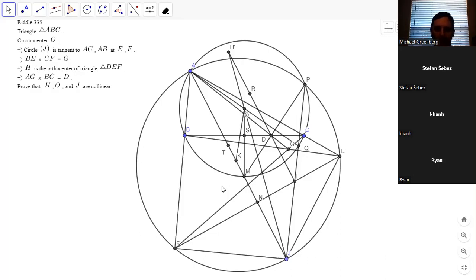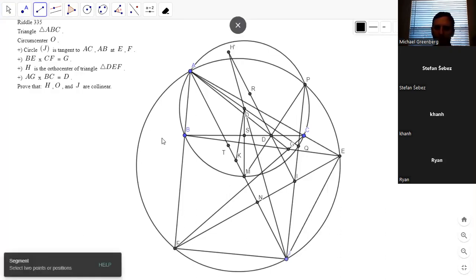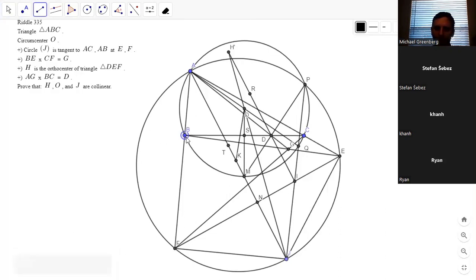So we have ID intersect, yeah, so we know that this is an angle bisector right here.